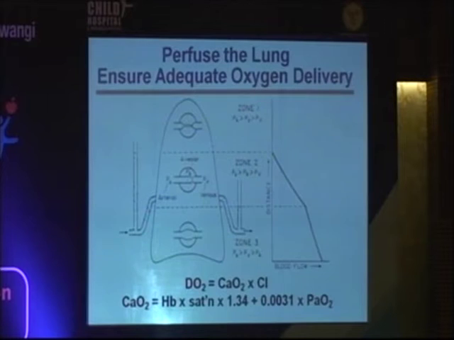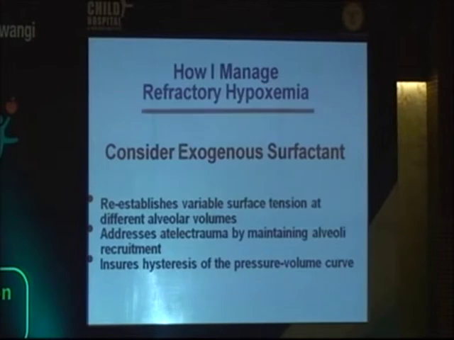With high mean airway pressures, we are at risk of developing these West zones of the lung like type 1 and type 2, where flow through the lung is governed by mean airway pressure, and so this may need to be overcome with additional volume resuscitation or inotropic support.